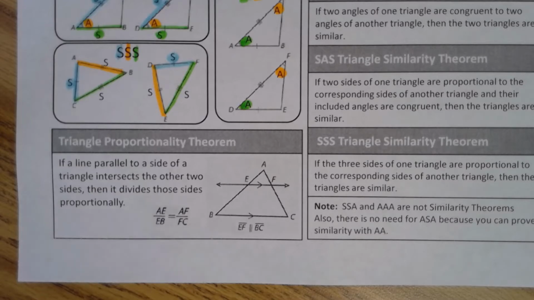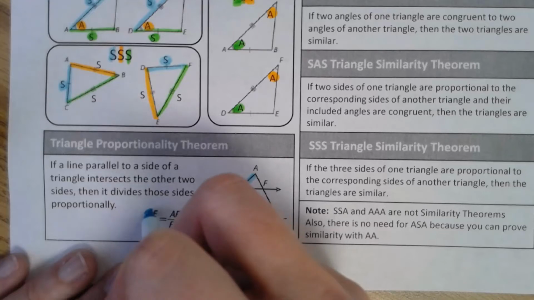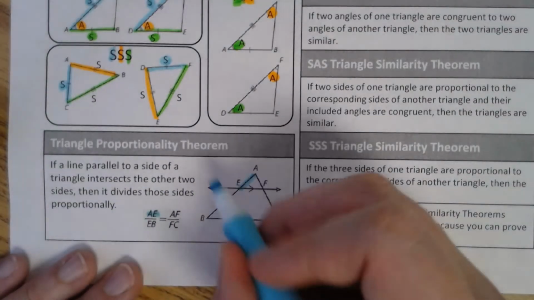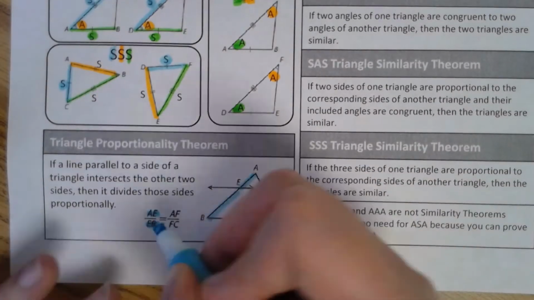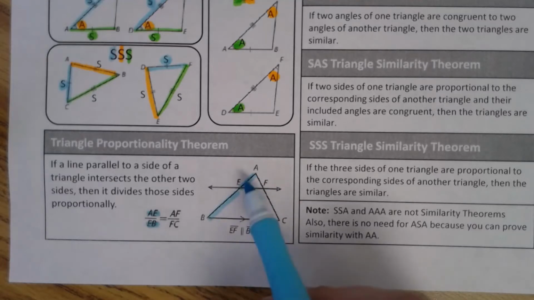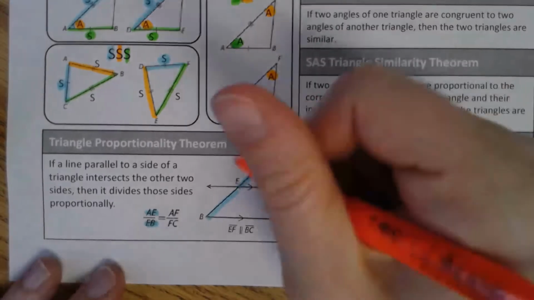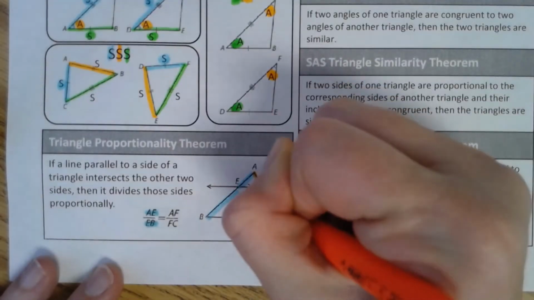So let's take a look what we have here. We have AE and EB. So those sections, because we have the transversal that's parallel, so this line that cuts and is parallel to a side of the triangle, that side of the triangle that's cut, it is proportional to the AF and FC.